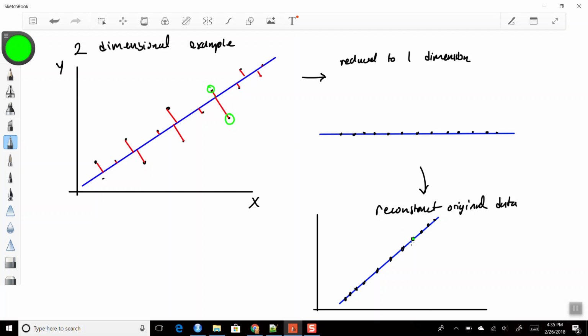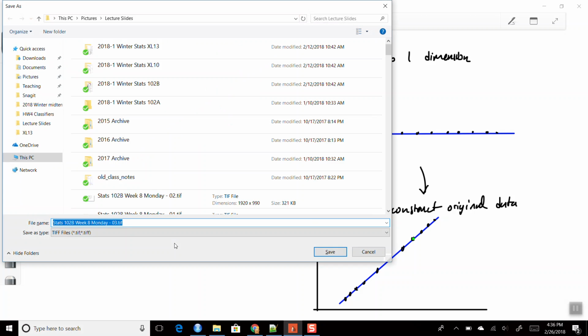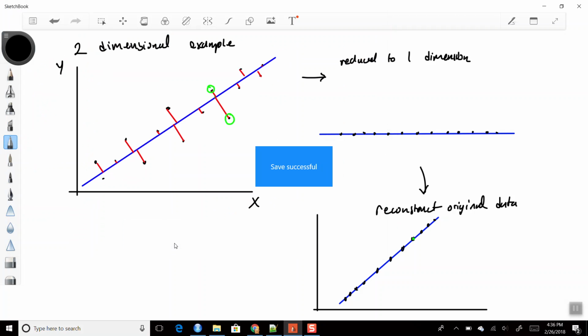But maybe that was too much information, and so you said, well, I want something simpler, and so you get something simpler, okay? But of course, when you ask for something simpler, you lose information, and some of the subtle differences, say between these two people, are going to be lost. And that's the cost of summarizing data or dimension reduction. But I think that's okay, right?